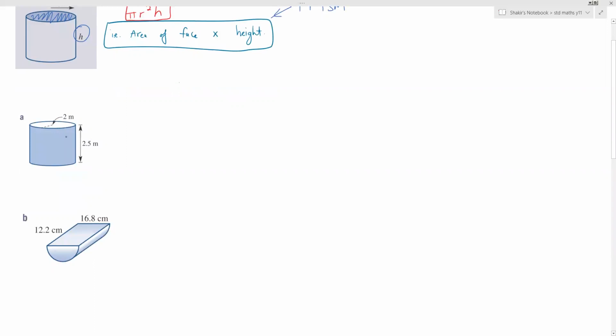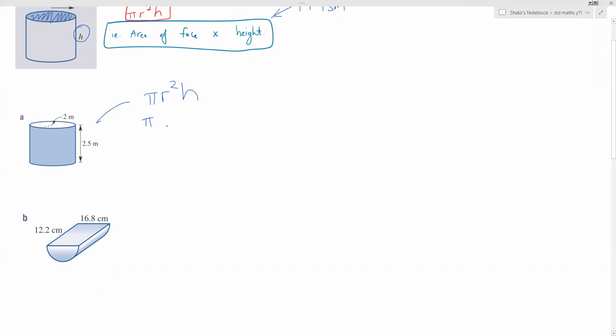All right, so over here we have a cylinder with a radius of 2. Now you can do it using pi r squared h. Okay, so you have pi r squared h. You can apply the formula.